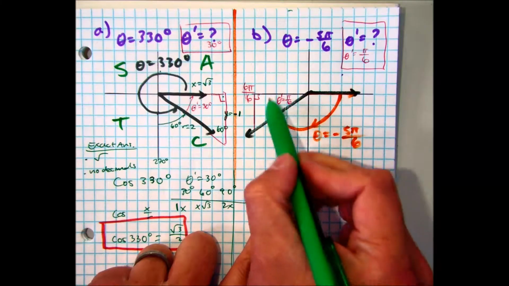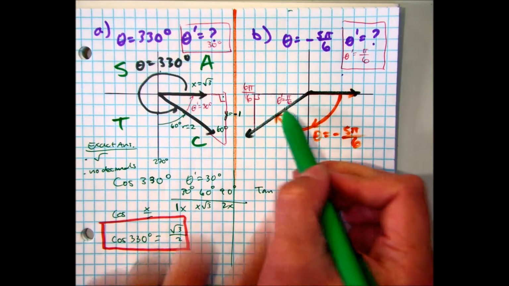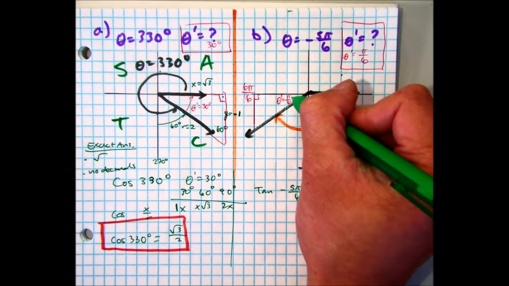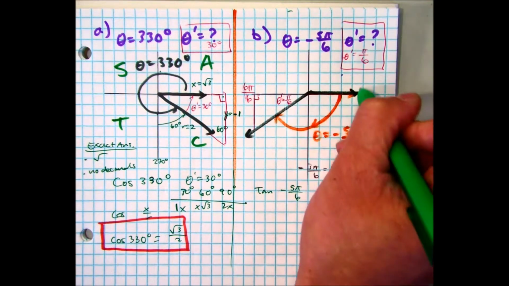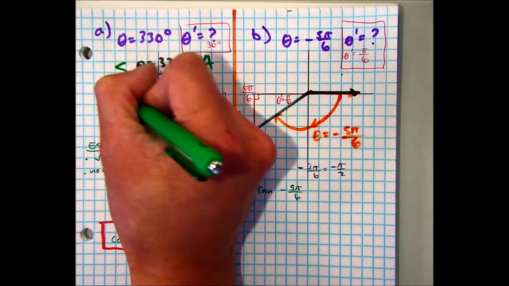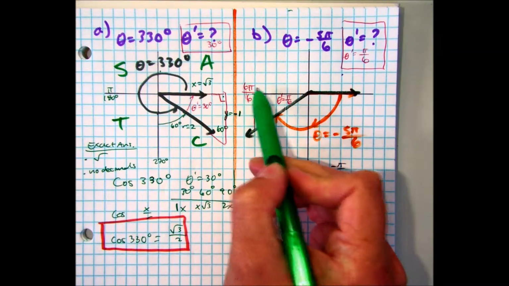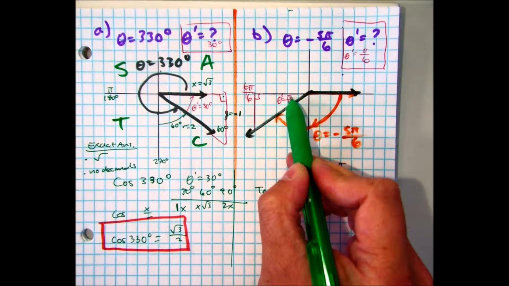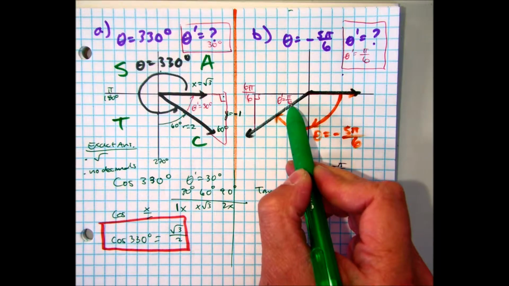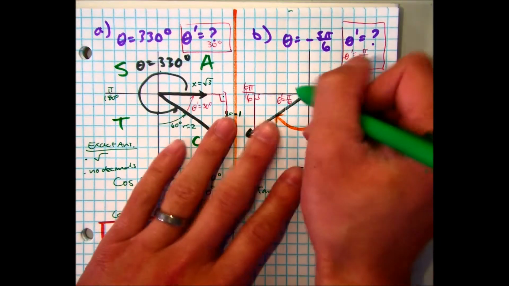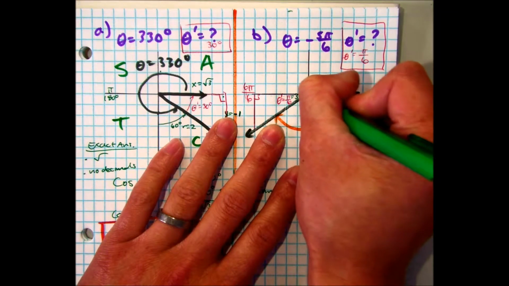And I know that this little reference angle is pi over 6. Well, think about it, pi going around is 180 degrees. Yes? So what is 180 divided by 6? 30. You can use the awesome proportion, but I just wanted to show you that basically that's a 30-degree angle.